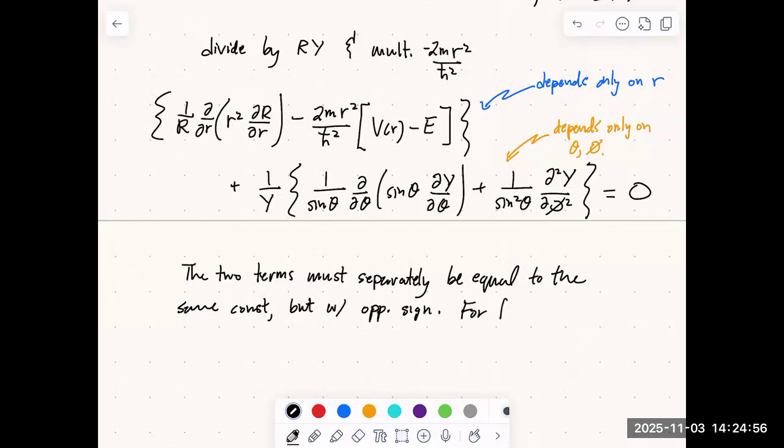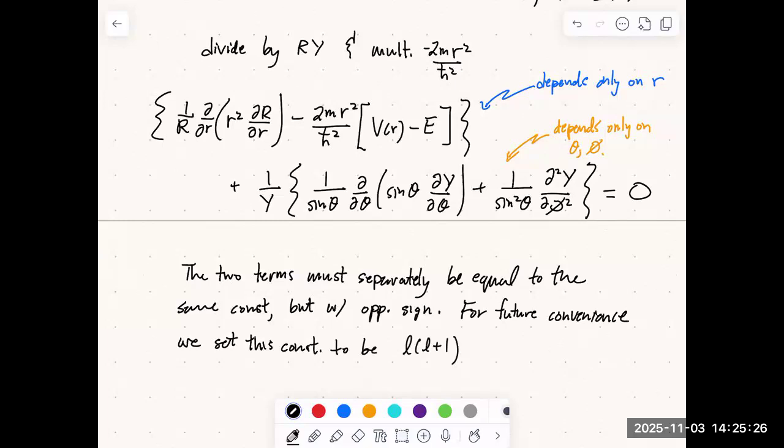So for future convenience, I'm going to choose a particular form for that constant. It's just a constant, so I could write it however I want to. And the way that I'm going to write it is as follows. We set this constant to be L times L plus 1.